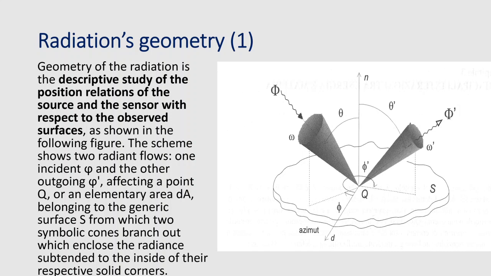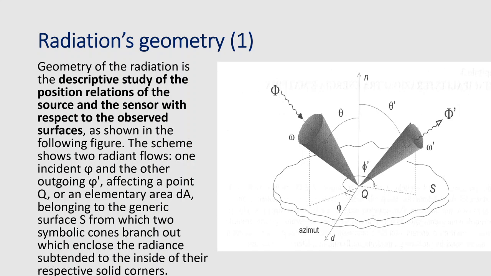So, the scheme shows two radiant flows. One incident that is called phi, and the other outgoing that is called phi1. So you see, look at the mouse. This is the incoming, and this is the exiting flux.